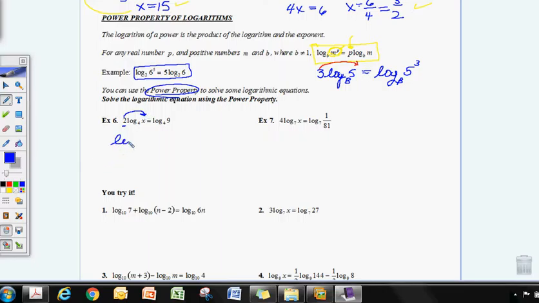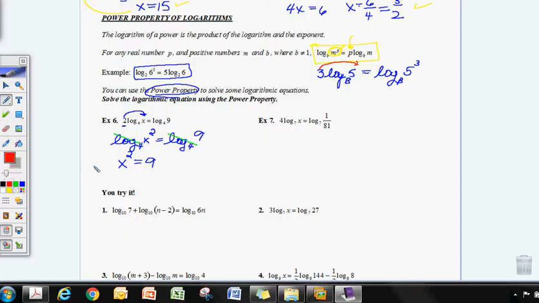So this gets rewritten as log base 4 of x, and notice it is just the x that's squared, equals log base 4 of 9. By moving that 2 up, single log on the left, single log on the right, they cancel each other out, and I'm left with x squared would equal 9.